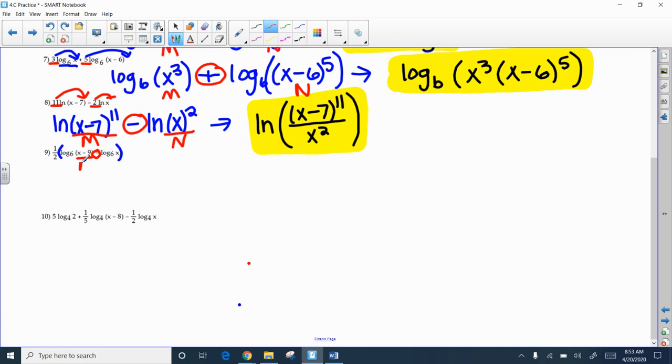Oops, this is the m and this is the n. When I put those together into one expression, it's still going to be log base 6, and since there's a minus in between, it's going to be m divided by n. So I'm going to have x minus 9 over x, and I still have the half in front of this whole expression.